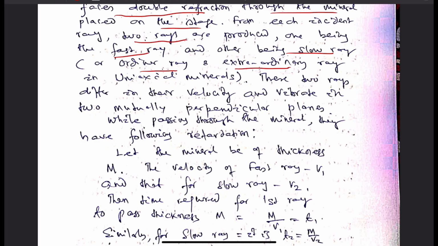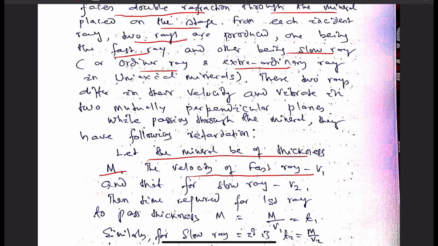So before these two rays go to the analyzer, what happens to them? Let us discuss. Let us say the mineral through which these two rays are passing has a thickness m. The velocity of the fast ray is v1 and that of the slow ray is v2.